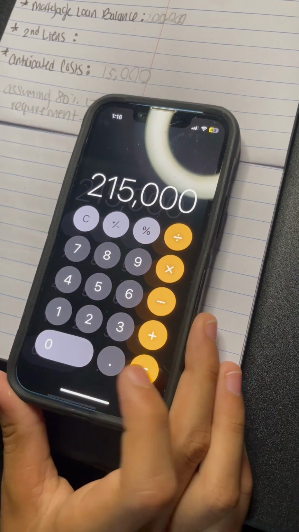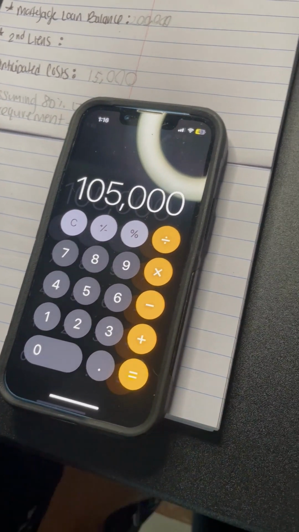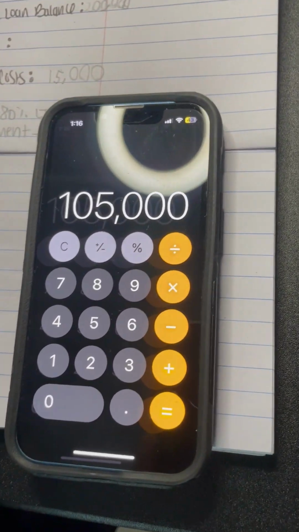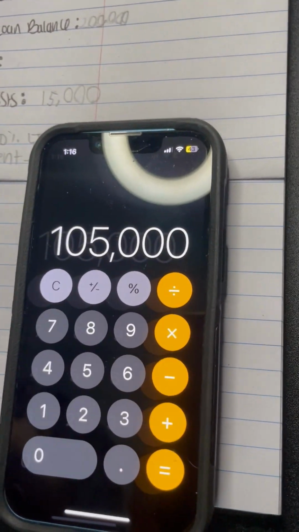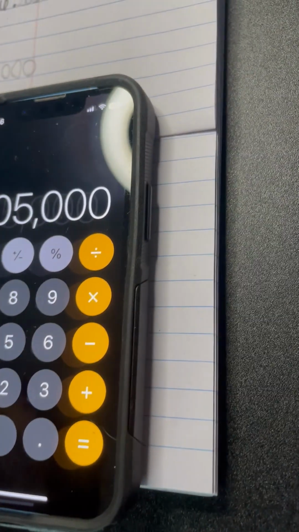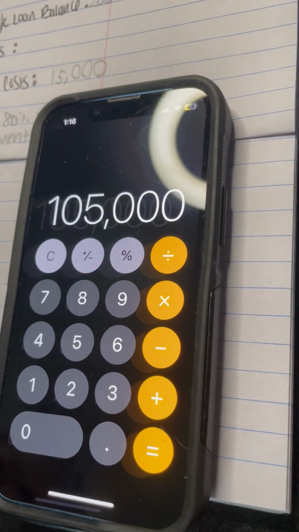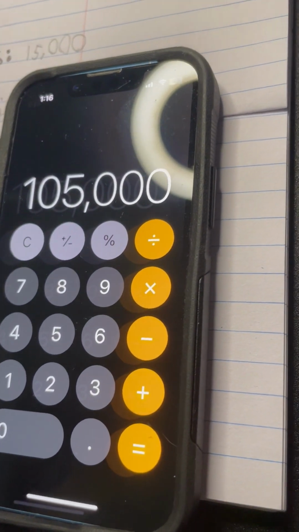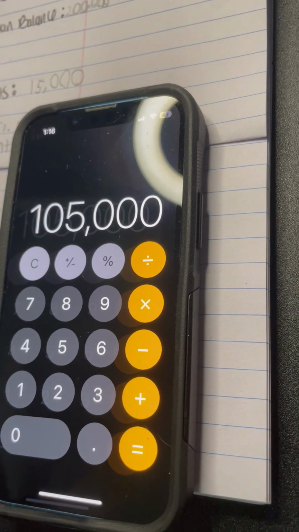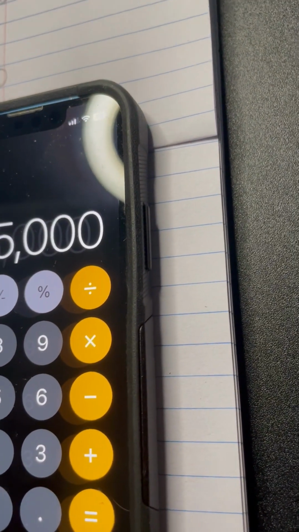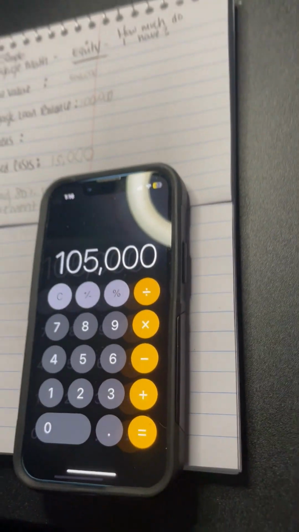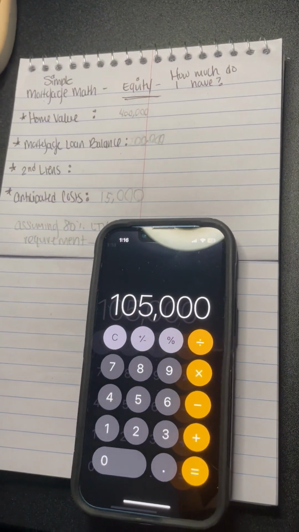One more zero. Okay, so 105,000 is what we have to work with. That's our equity. So this is basically the amount that you are able to use to pay off those credit cards, to do home improvements, whatever the case may be. And hopefully that was a very simple explanation here.